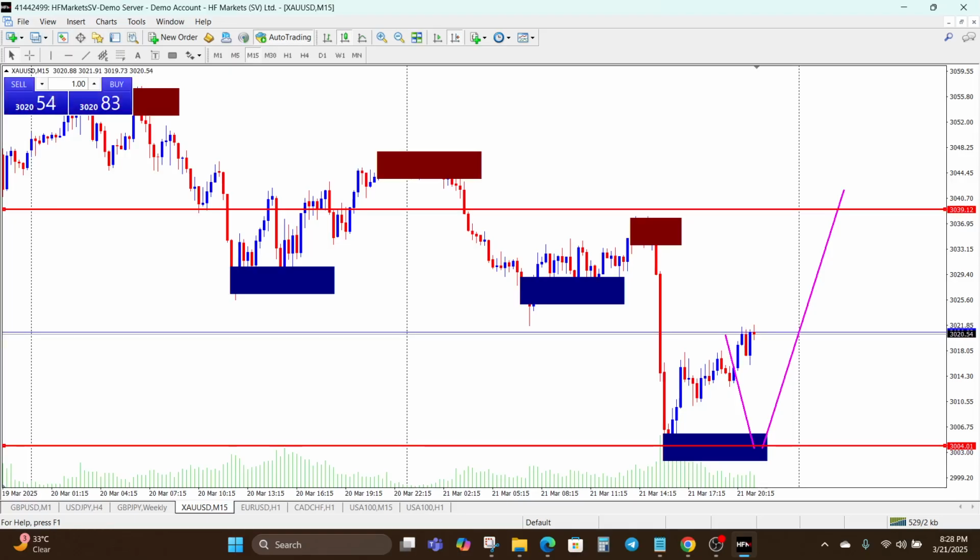Then if you have a bearish breakout, meaning if price breaks below a bearish order block, you can look for a confirmation in the direction of the breakout, because price may continue lower. If you find a confirmation, you can go ahead and enter a sell in the direction of the bearish breakout. By watching how price reacts at order blocks, traders can make better informed trading decisions.